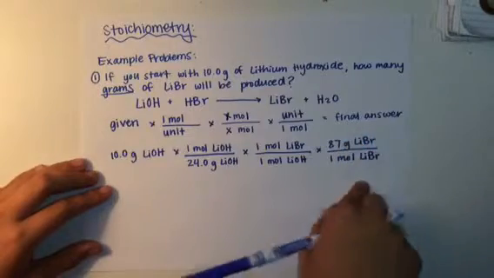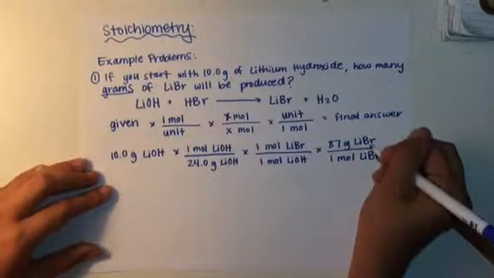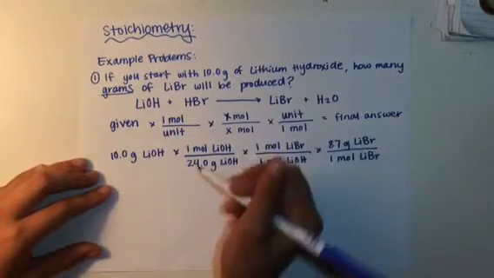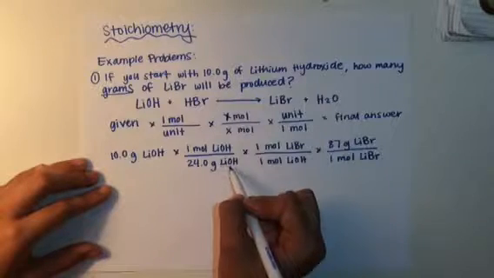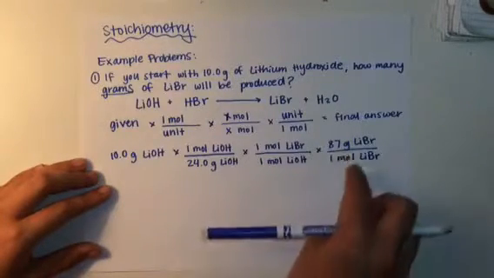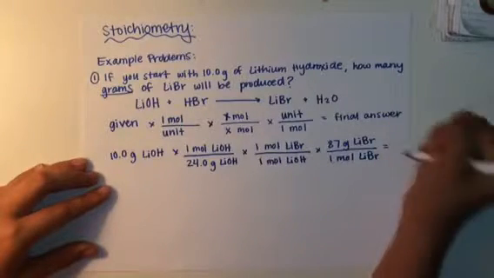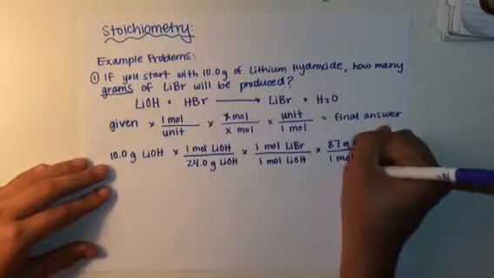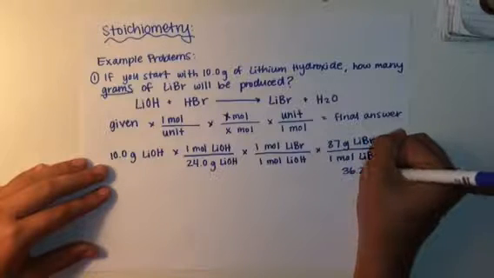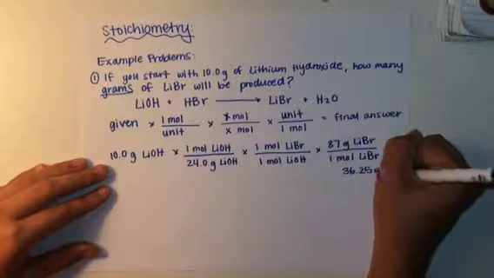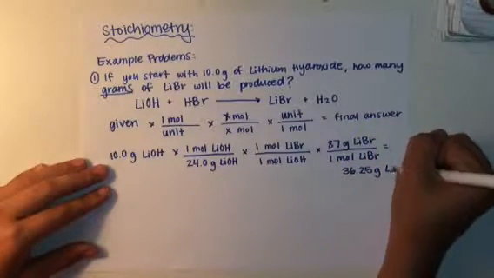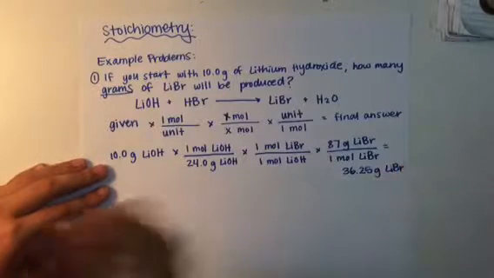And this is basically just saying that 87 grams of lithium bromide is equivalent to 1 mole. 24 grams of lithium hydroxide is equivalent to 1 mole. That's all that this is saying. So we're going to multiply it out, and we're going to get 36.25 grams of lithium bromide.